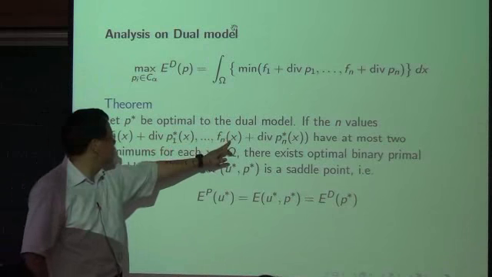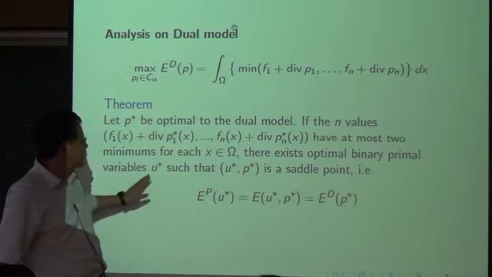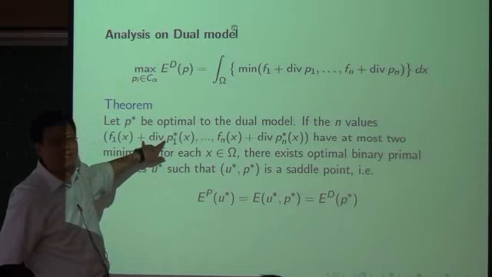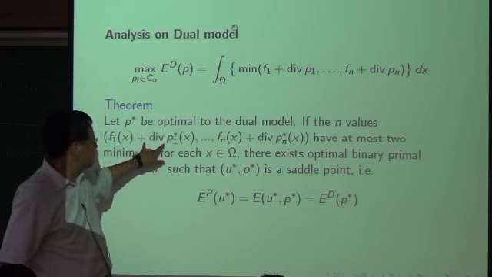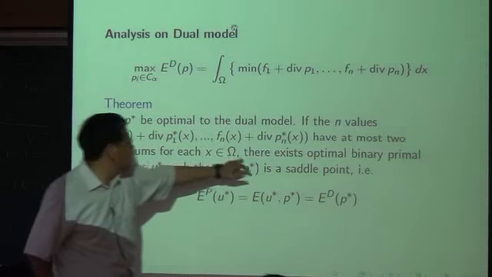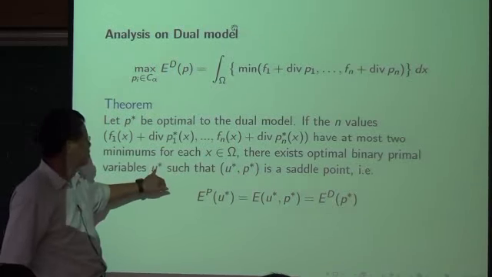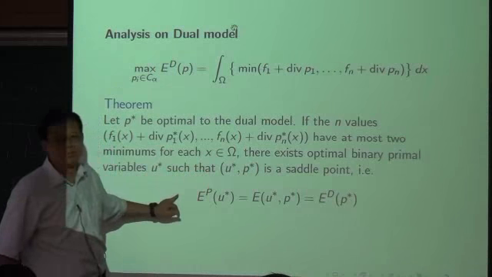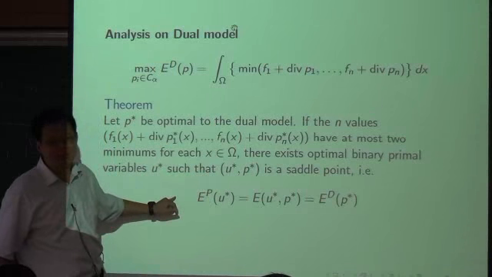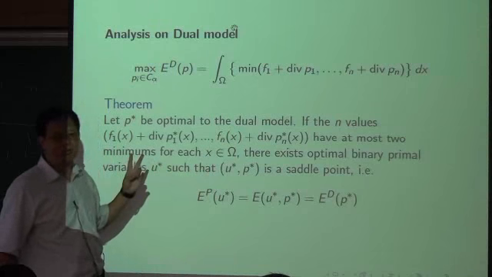We get a minimizer, and then threshold. In this case, if two of them are smallest, we can still guarantee there exists an optimal binary variable U such that this is still one of the global minimizers.